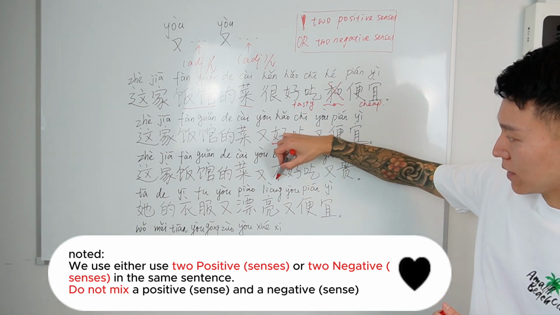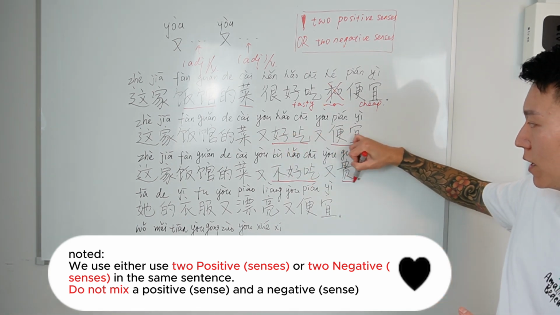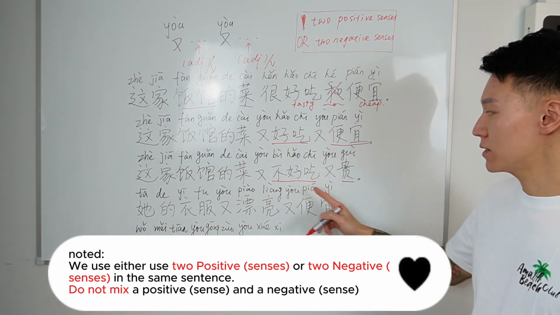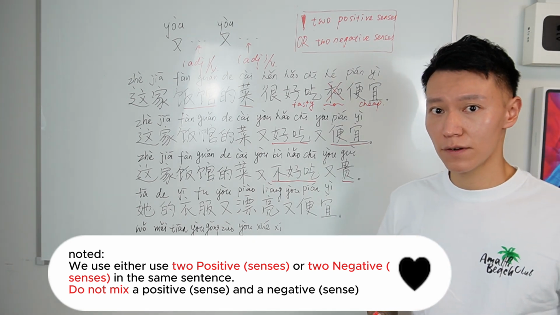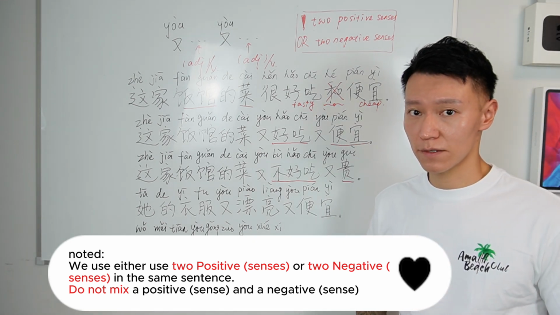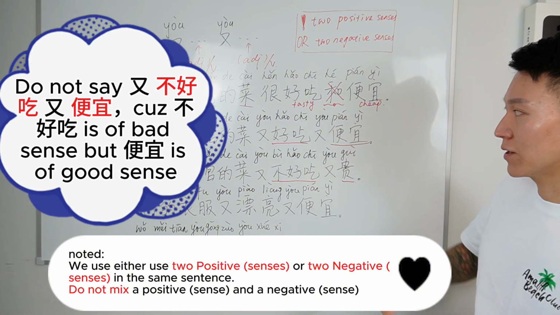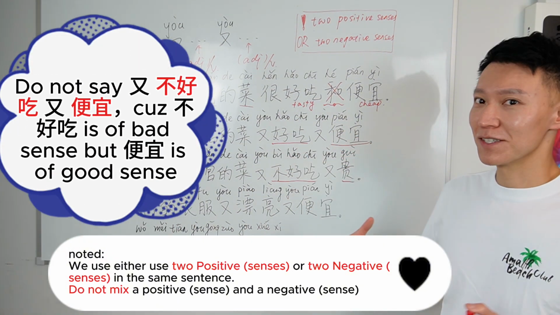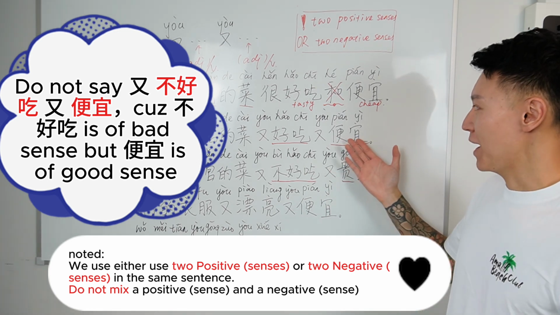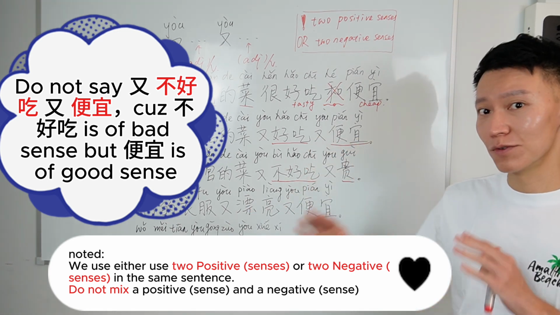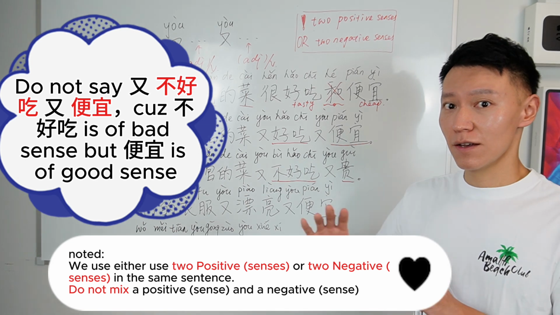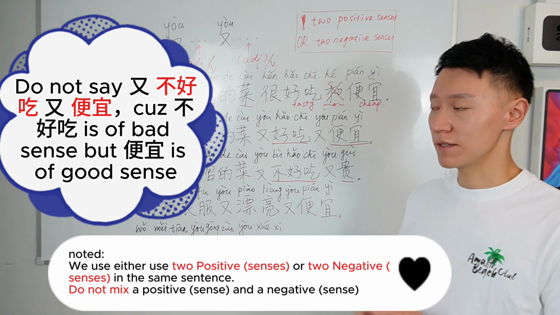And in the second sentence, 不好吃 and 贵, not tasty and expensive, there are two negative senses. That is why we need to be careful here. You cannot say it's not tasty and it's cheap. No, you don't mix positive senses and negative senses.